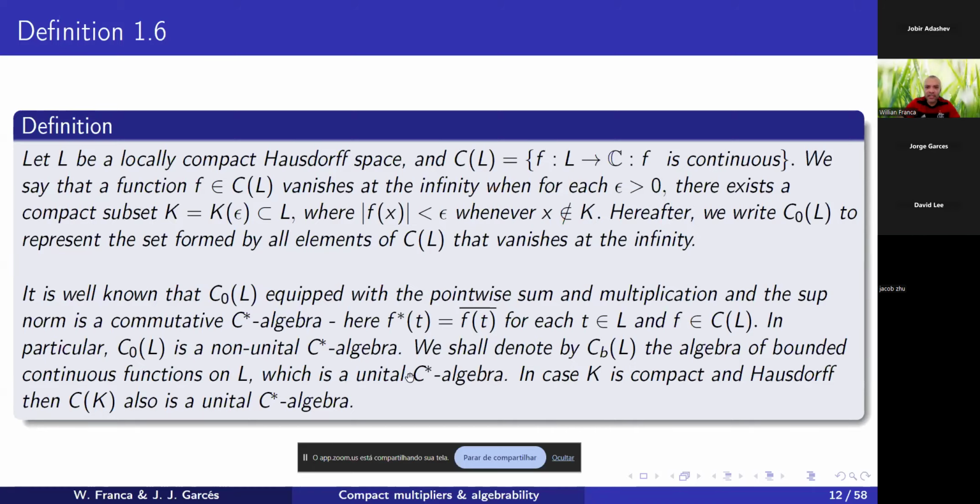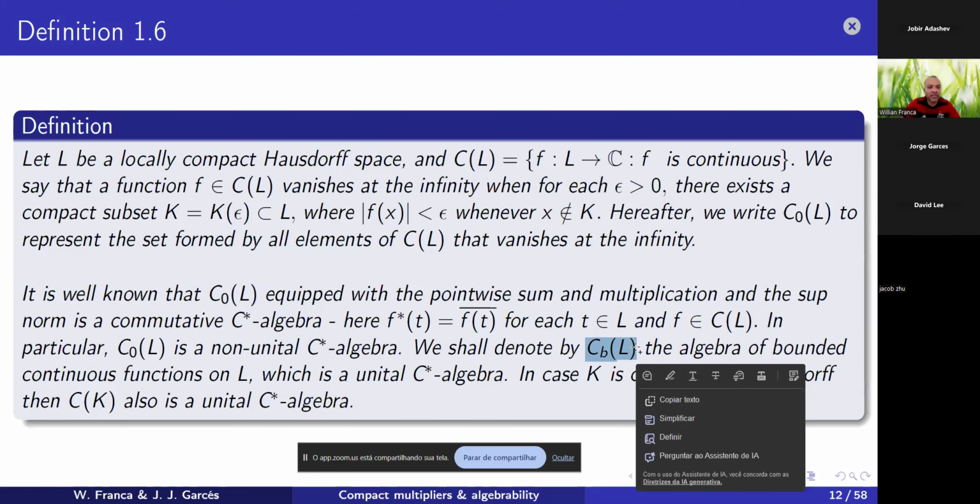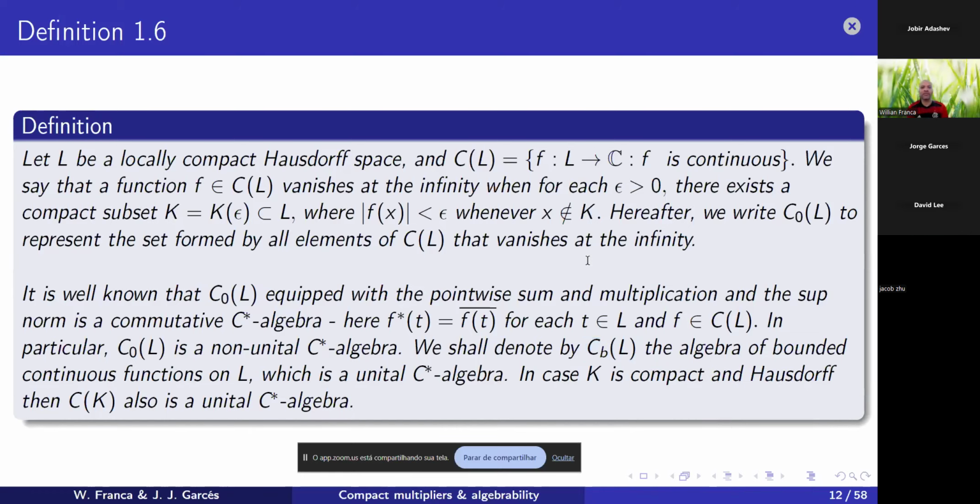Just one more thing. We're going to denote by Cb(L) the algebra of all bounded continuous functions on L, which is also a unital C star algebra. So these are the basic definitions and notation for us for now.